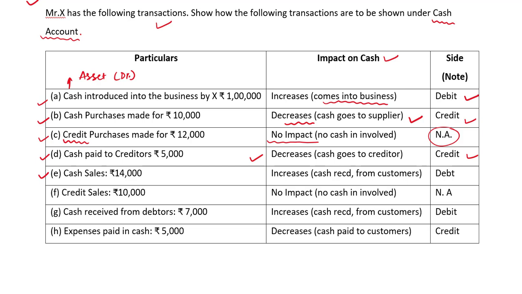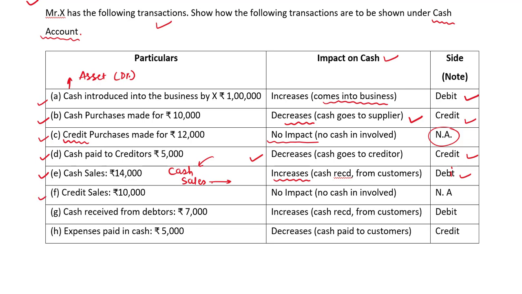E point, cash sales. That means what? They had sold the goods and they had got the cash. So because they had received the cash, the journal entry would be cash account debit to sales account. So cash is coming in, sales is going out. Cash is coming in, so there is an increase in the cash from the customer and it is debit side.